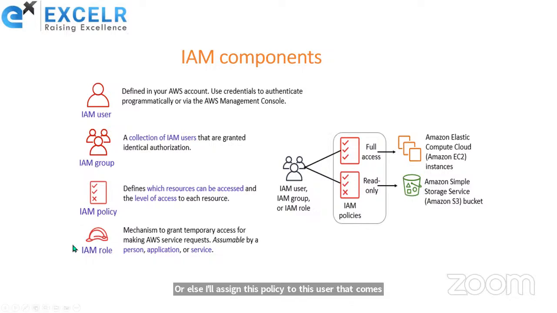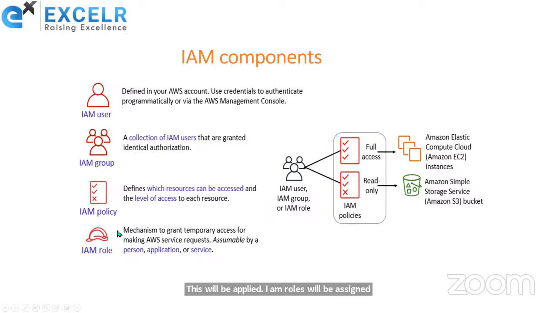Okay. And IAM roles. It is a mechanism to grant temporary access for making AWS service requests, assumably by a person, application, or a service. So what happens? IAM users, groups, and policies are created for the users, like individual users. IAM roles will be assigned directly to the AWS services, not to the users. What is the benefit of the IAM role?